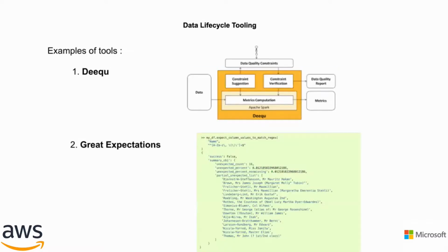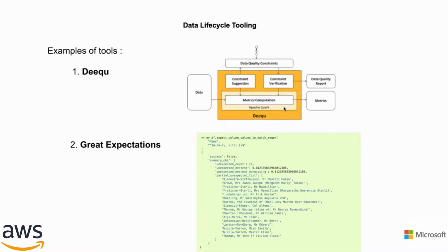Cool. From a quality perspective, I've used two tools that might be interesting. If you're using Spark, there's a tool called Deequ by Amazon. It's an open source package. It allows you to create constraints on your data and verifies the constraints, and they can run in Spark.